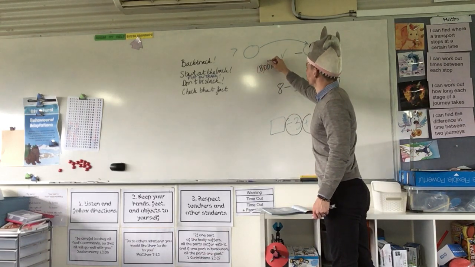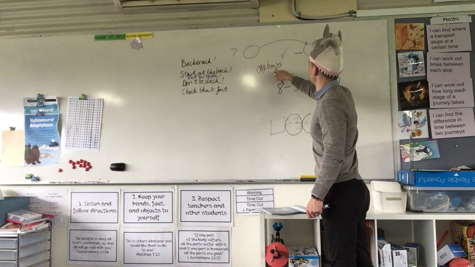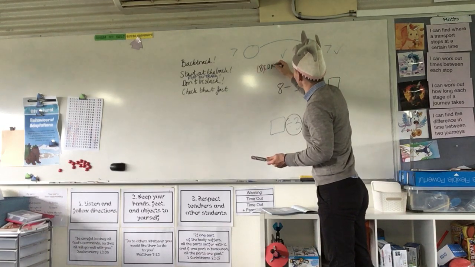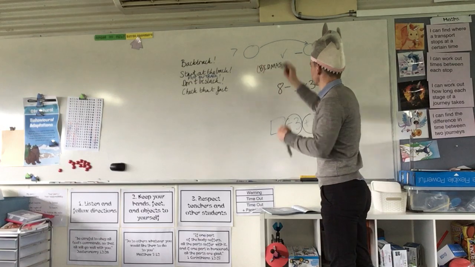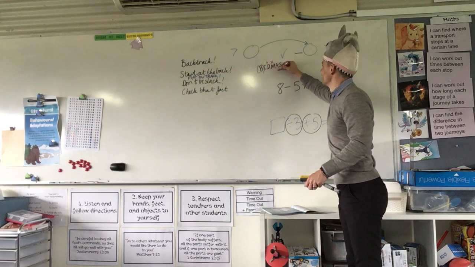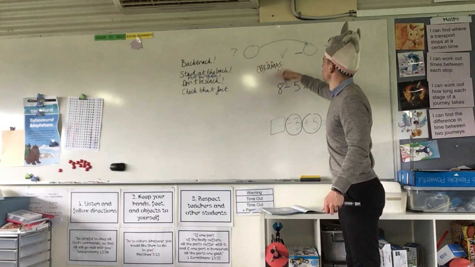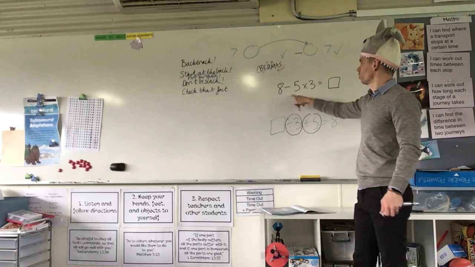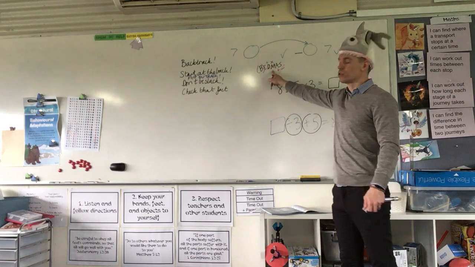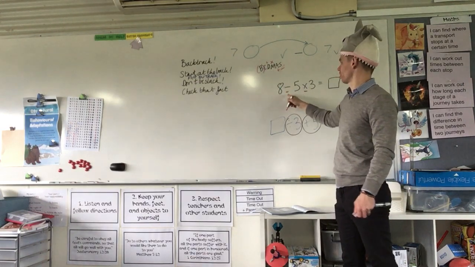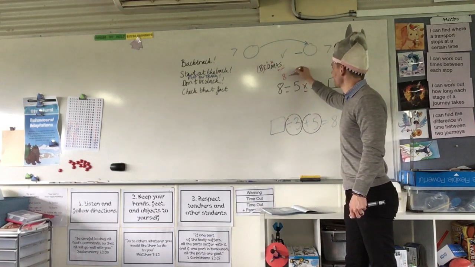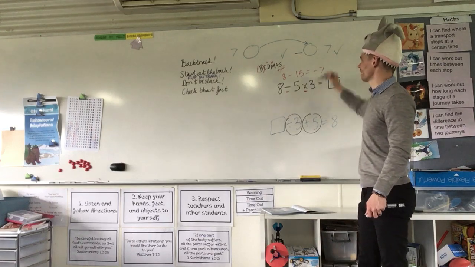D and M stands for divide and multiply. So they come next. Then after that, addition and subtraction. So you can see in this one, out of multiply and subtract, you're meant to do the multiply first. So that would give you 8 minus 15, and so you would get negative 7.